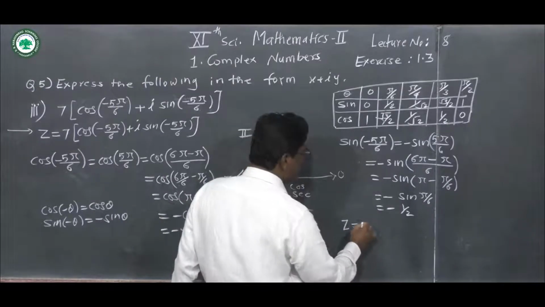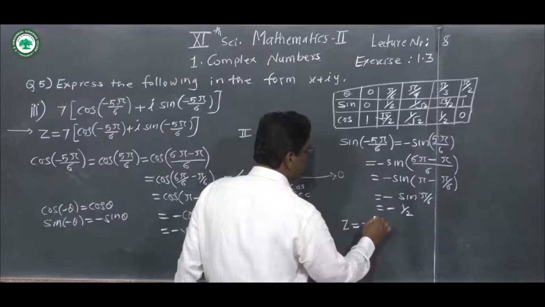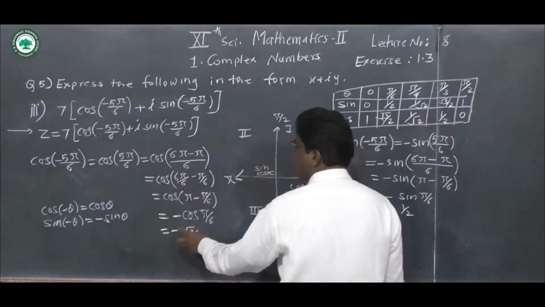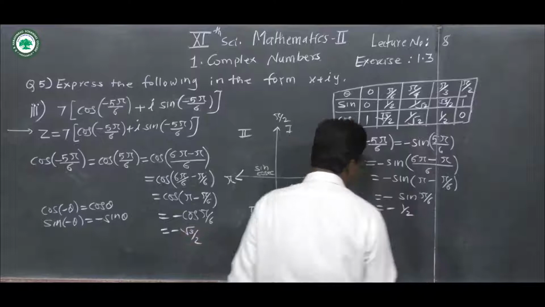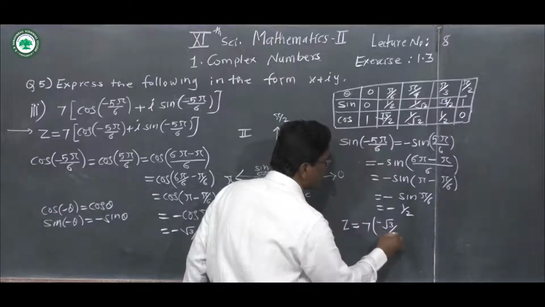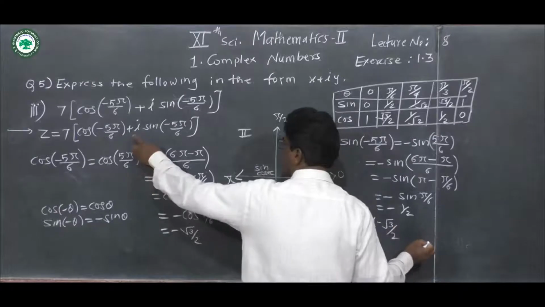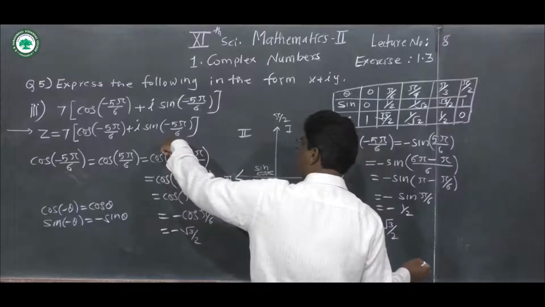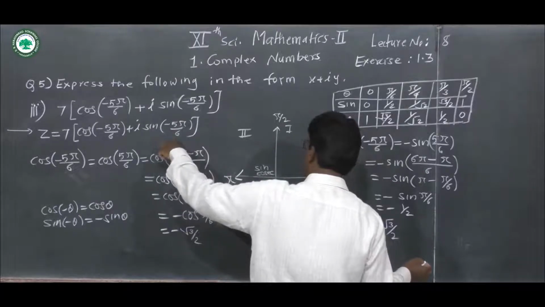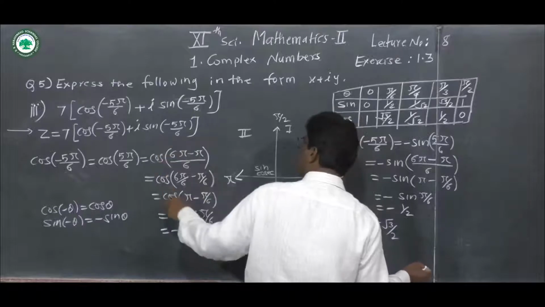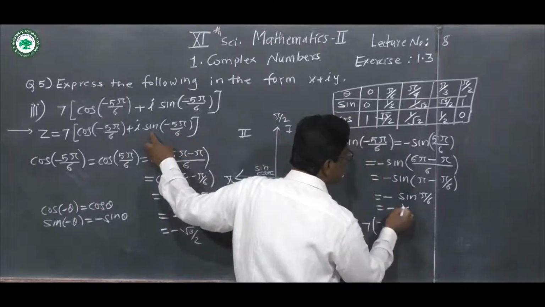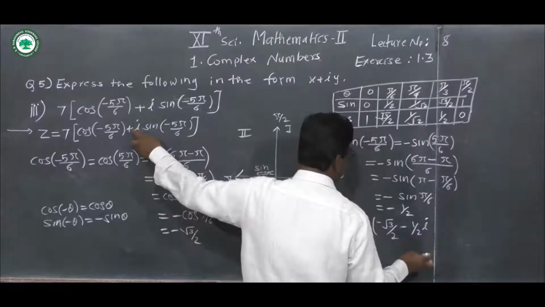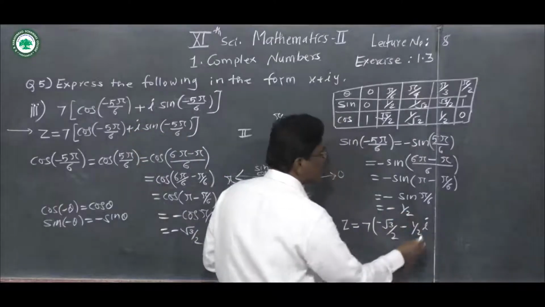And therefore z is equal to 7 into, in the bracket, cos of minus 5 pi by 6. Cos of minus 5 pi by 6 is minus root 3 upon 2. So it is minus root 3 upon 2, plus i into sine of minus 5 pi by 6. Sine of minus 5 pi by 6 is minus 1/2, so it is minus 1/2 into i.